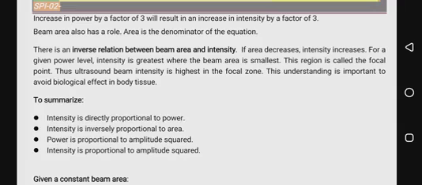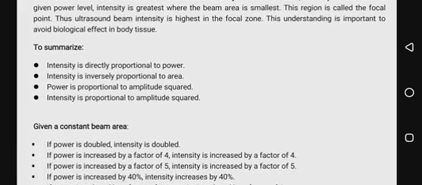This understanding is important to avoid biological effect in body tissues. So, when you understand focal point and what is actually going on in the focal point has to do with intensity in a particular area, you can now determine whether you want to widen your beam or you want to reduce your beam.